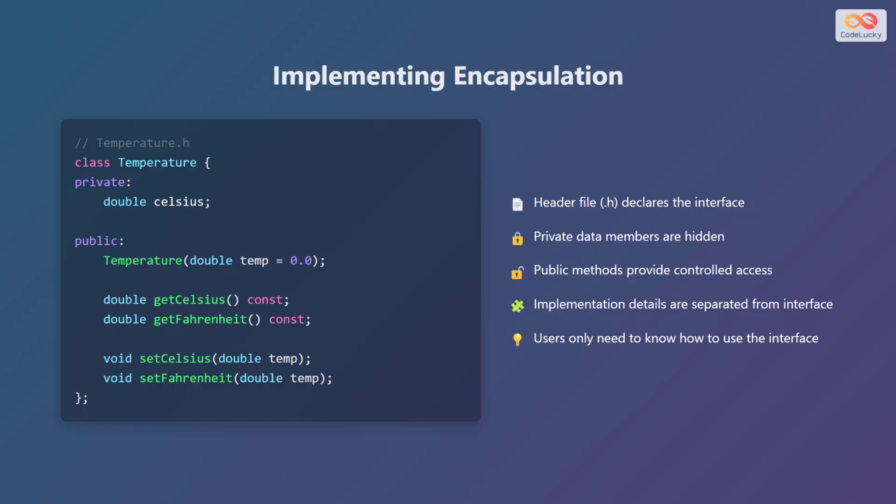As shown, private data members are hidden from external access. Public methods provide a controlled way to interact with the class. Implementation details are separated from the interface, allowing for flexibility and maintainability. Users only need to know how to use the interface without needing to understand the underlying implementation.